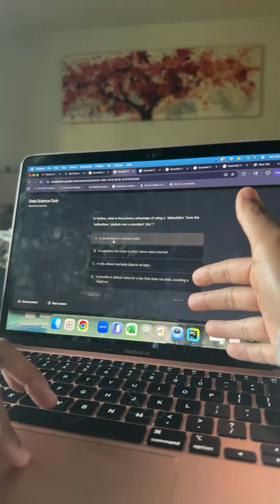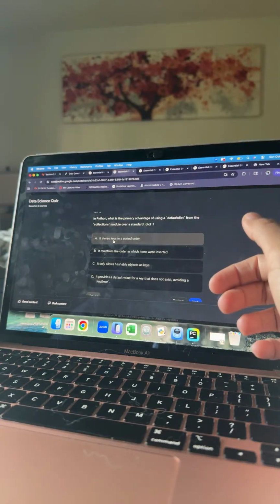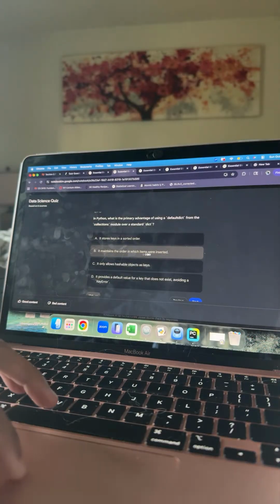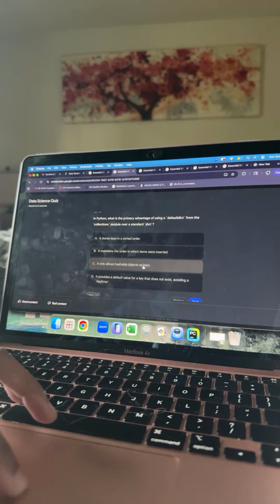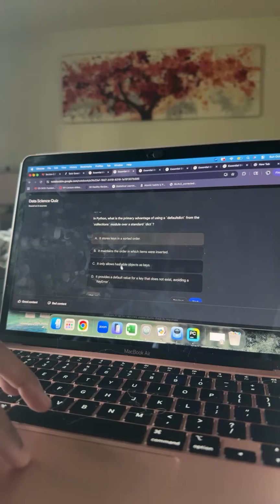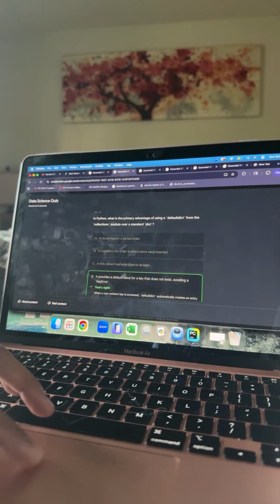It maintains the order in which items were inserted. It only allows hashable objects as keys. It provides a default value for a key that does not exist, avoiding a key error. I think it's D, but it could be A because it does store keys.